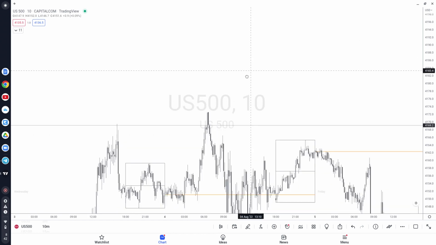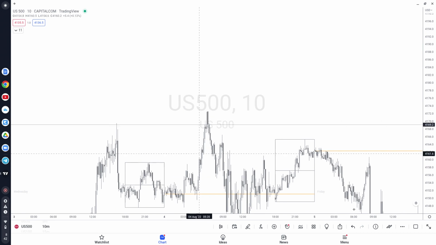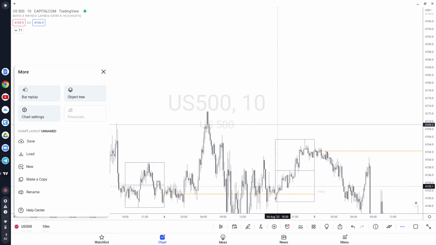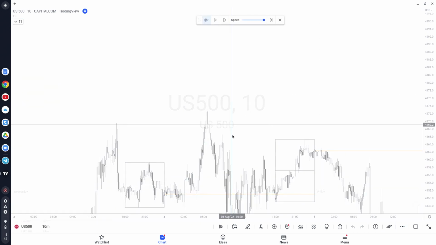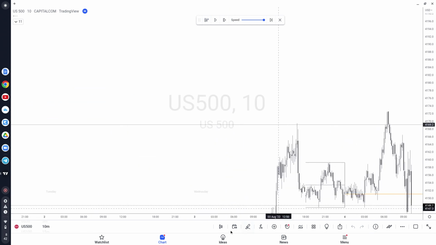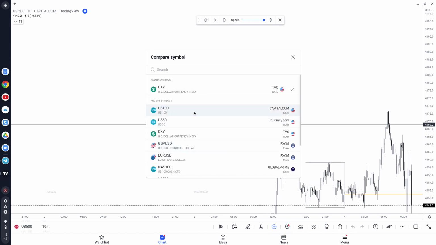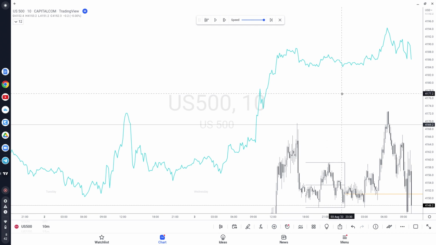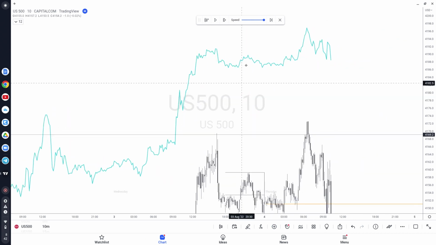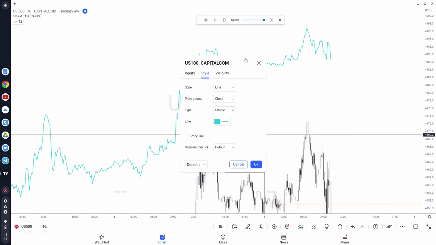So we had that sweep here, and with that sweep, I'll show you guys an example of what we look for when we're looking for the divergence. So I want to say it was not US 30, but the NASDAQ 100, or maybe not.